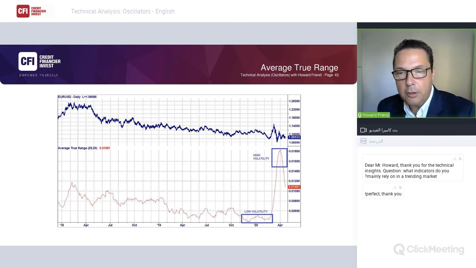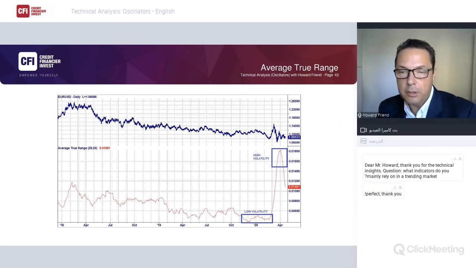Okay, so what we had here was in late 2019, euro dollar plumbed the lowest levels of volatility that we've seen for a number of years. So that made life a little bit difficult for breakout traders and systematic traders that use breakout methodologies. In fact, the opportunities that existed during a low volatility environment were not good for many of the popular systems.